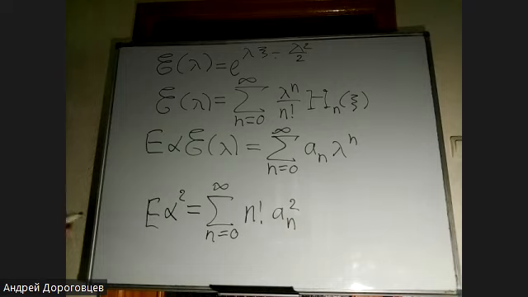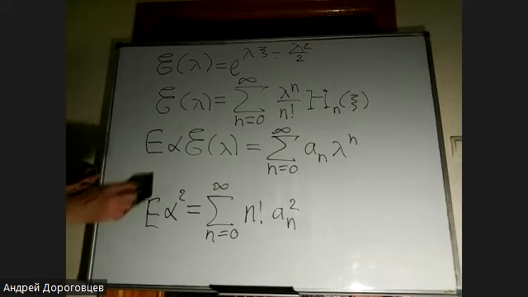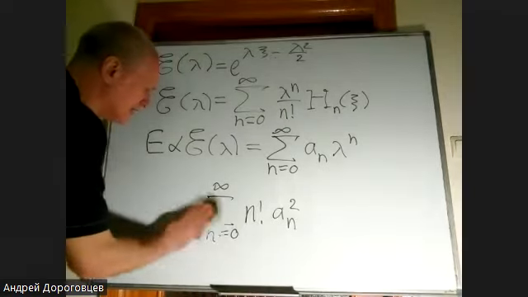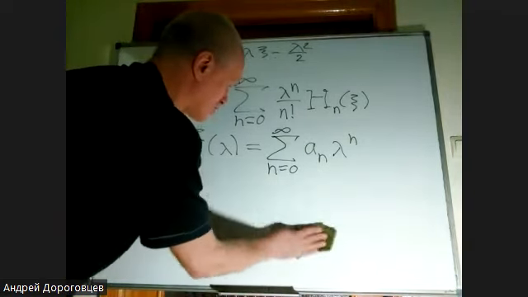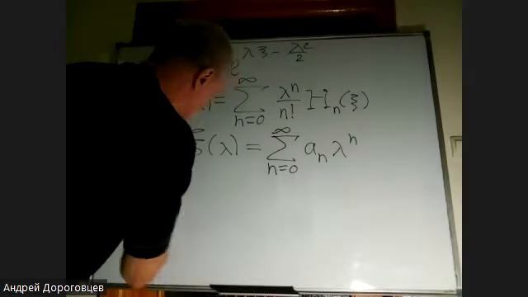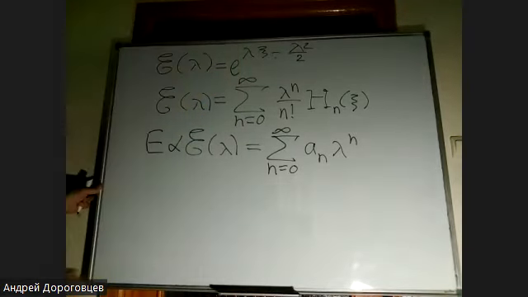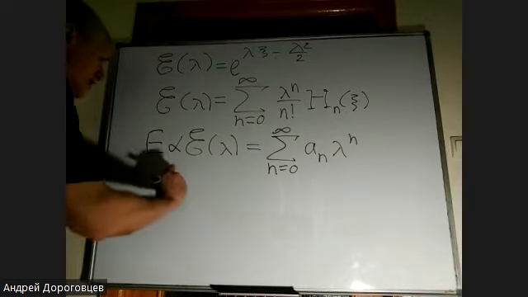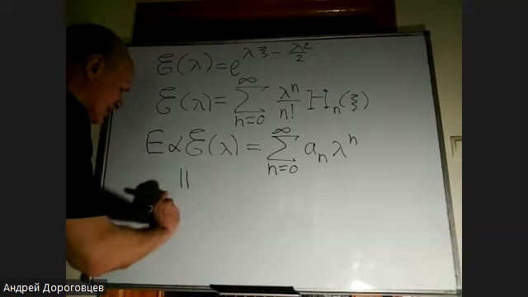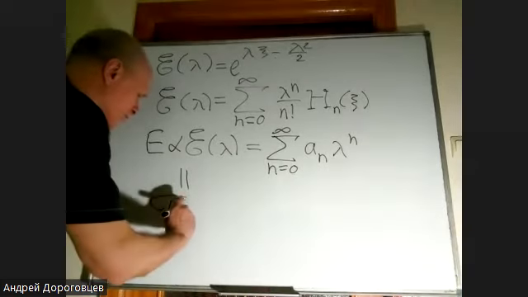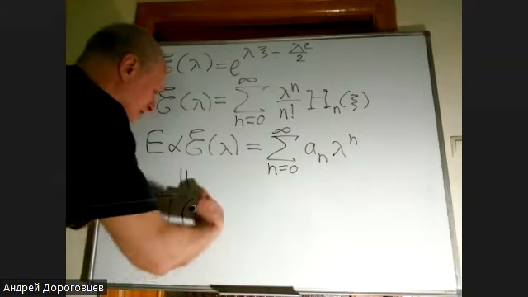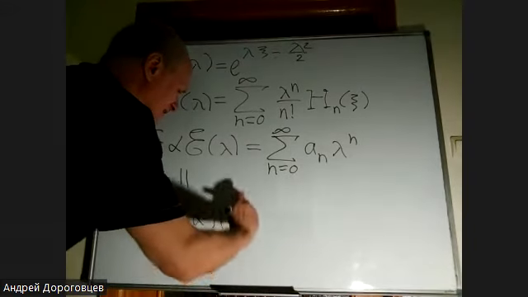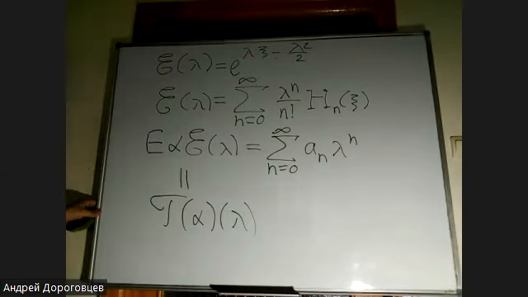Due to this, the transformation chosen to detect coefficients of the expansion of alpha with respect to Hermite polynomials has a special name. Namely, we will say that this is the Fourier-Wiener transform of the random variable alpha at the point lambda.